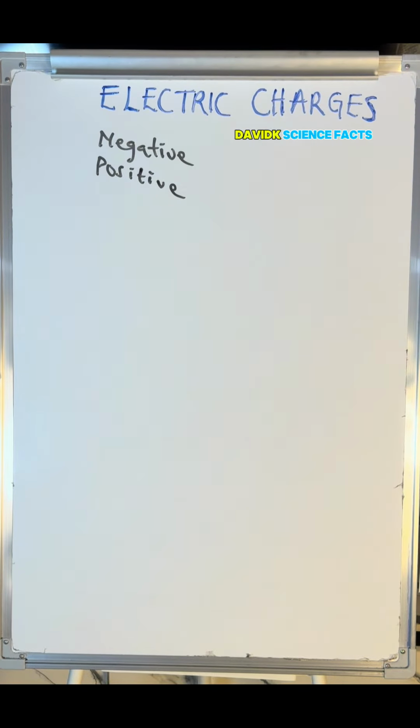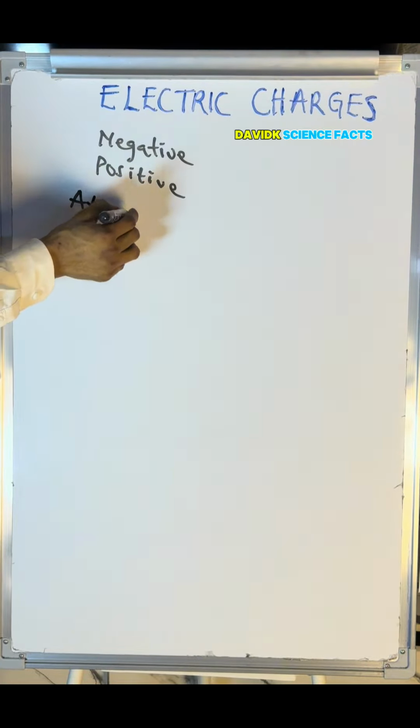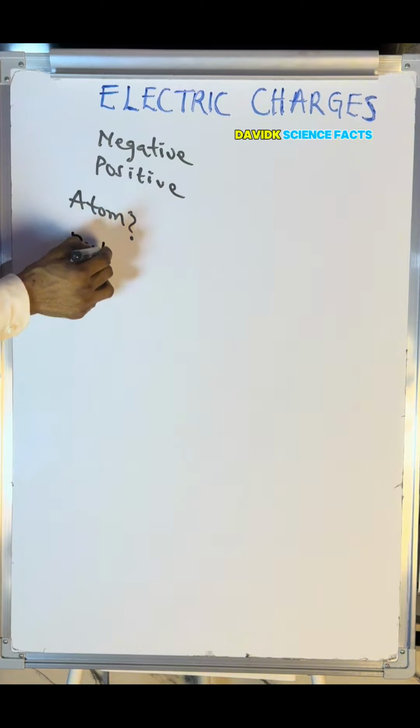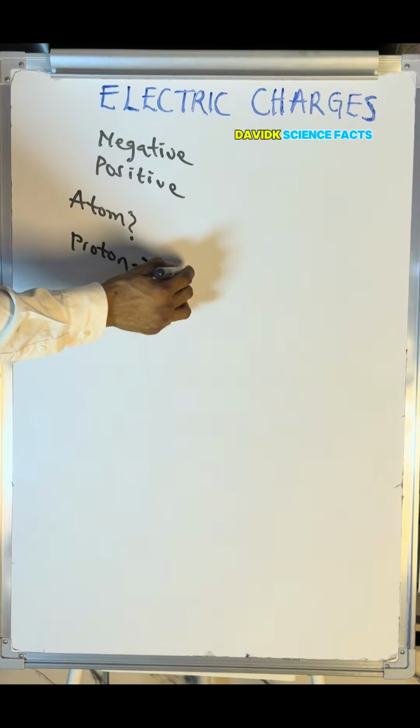Now, let's talk about an atom. What is an atom? An atom is the smallest unit of an element. So every atom has proton. Proton is positive.